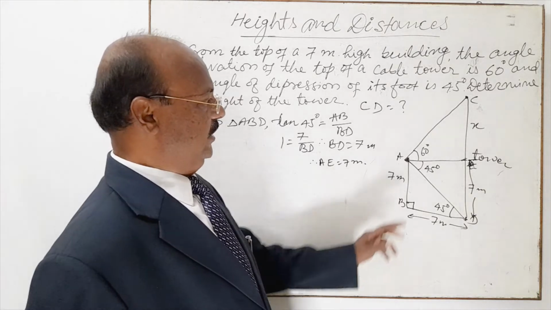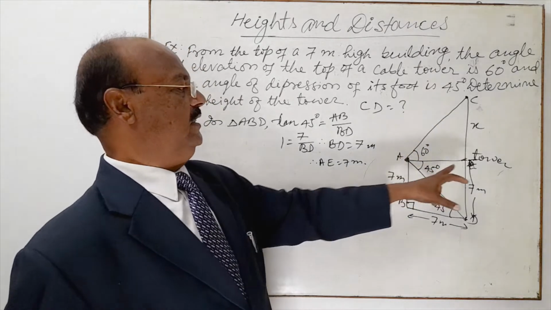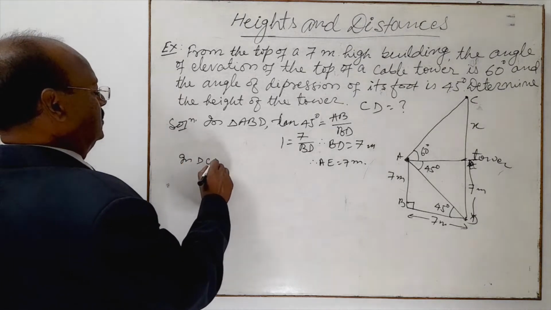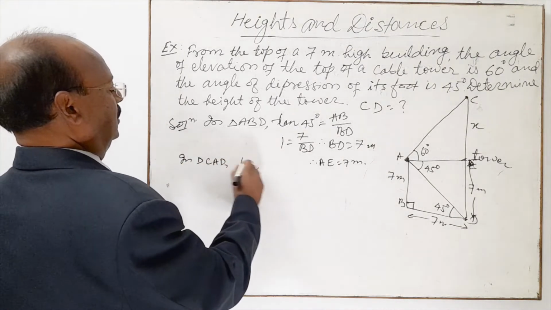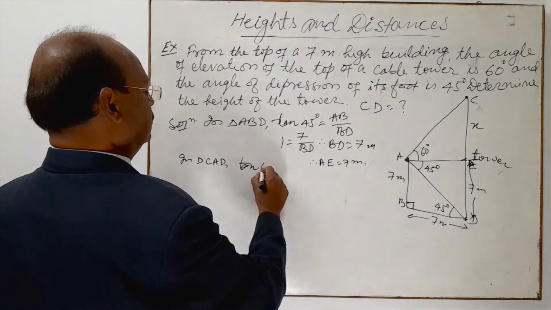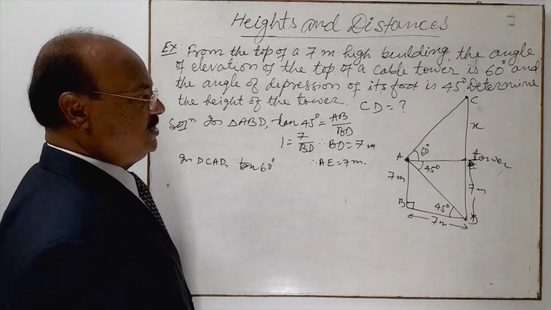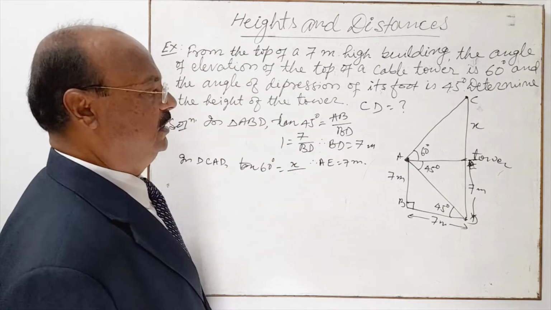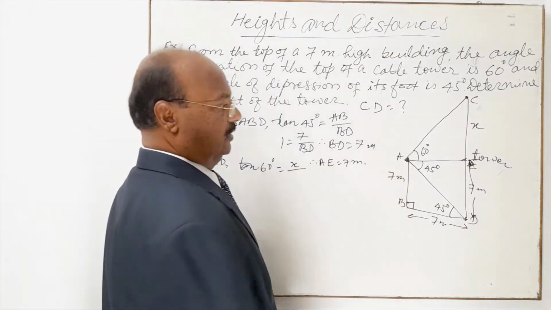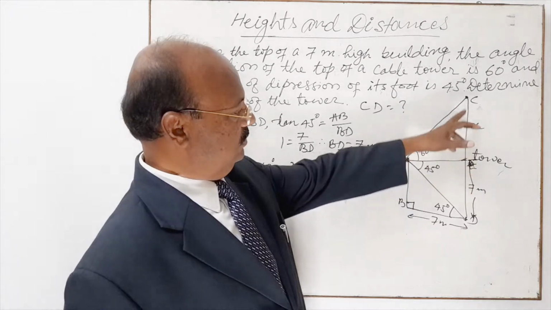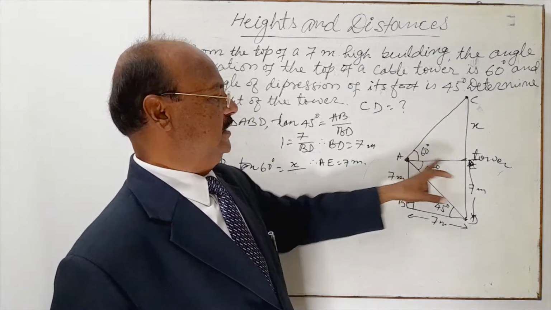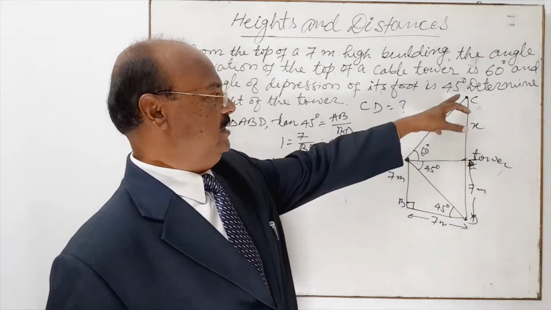Now let us take triangle CAE. In triangle CAE, here this angle is 60 degree. So let us take tan of 60 is equal to perpendicular, which is X. How did you get X? Because in this triangle CAE, perpendicular is CE.